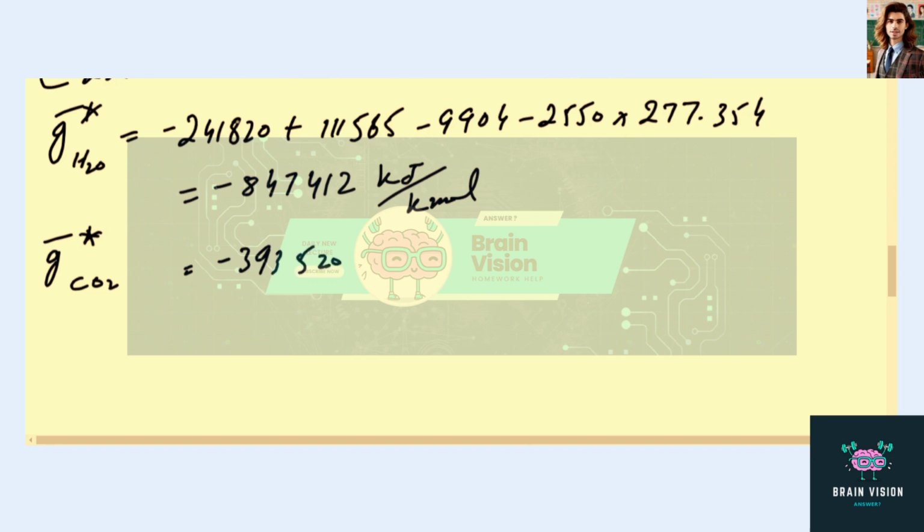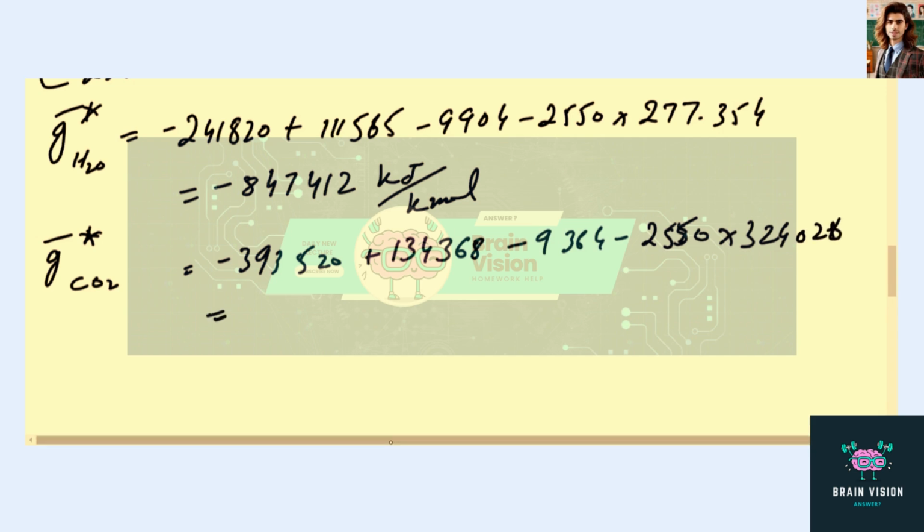Then we've got G bar asterisk for CO2 is equal to minus 393,520 plus 134,368 minus 9364 minus 2550 into 324.026, and that is equal to minus 1,094,782 kilojoules per kilomole.